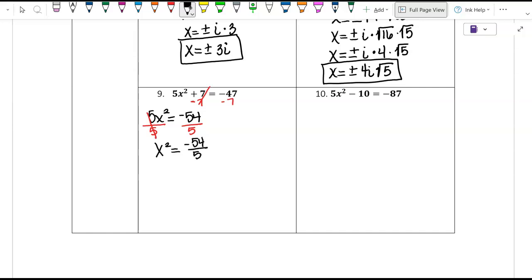If it doesn't divide evenly, just leave it as the fraction. Come in, take the square root of both sides. So x equals positive or negative the square root of negative 54 divided by the square root of 5.